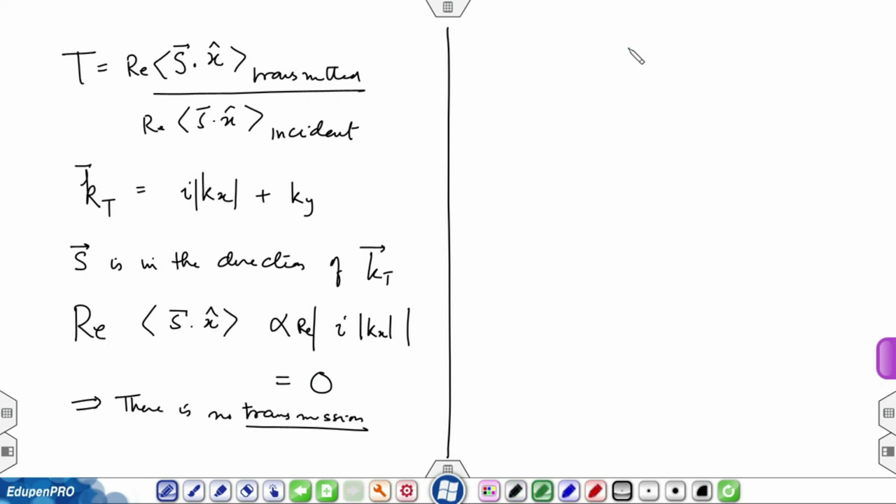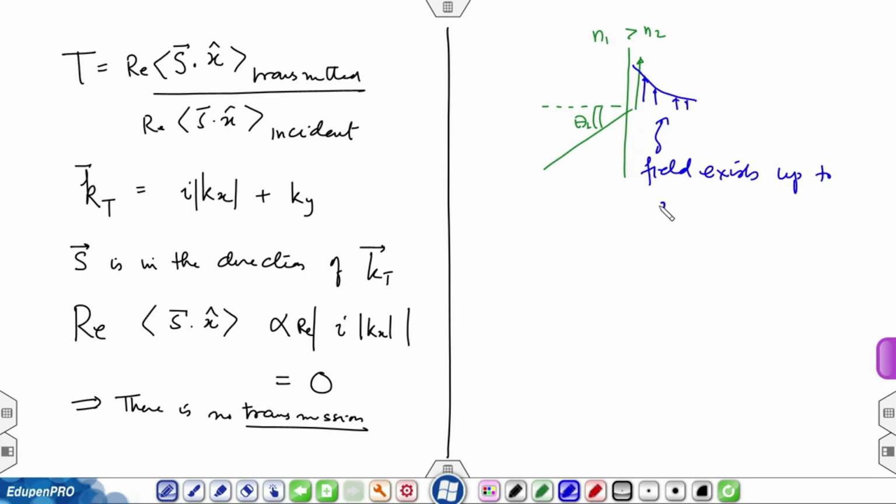So, if I have this medium n 1 greater than n 2, and this is falling at an angle greater than the critical angle, then you have this wave propagating this way. However, there is this amplitude. The field exists here up to a distance of the order of 1 over mod k x.